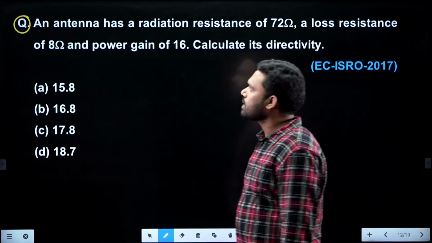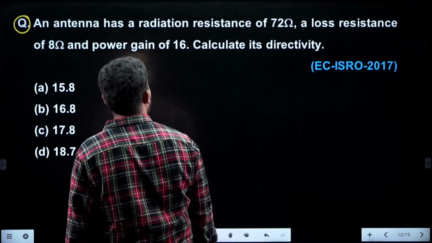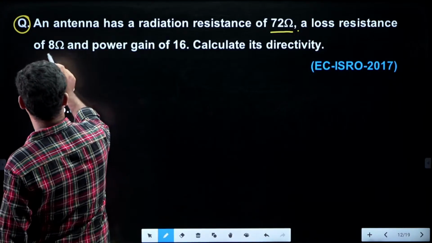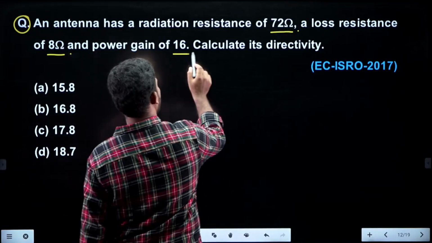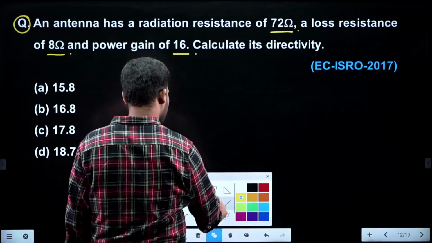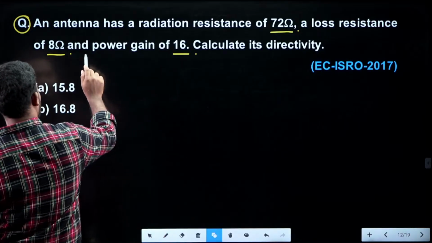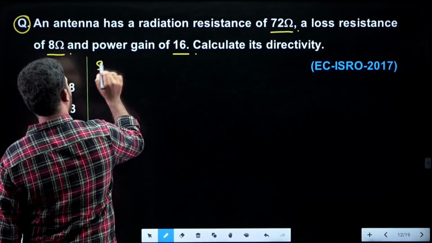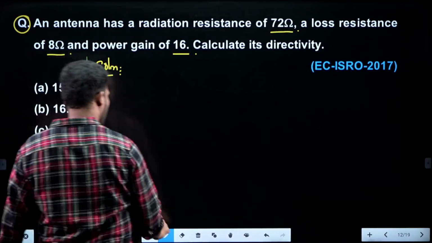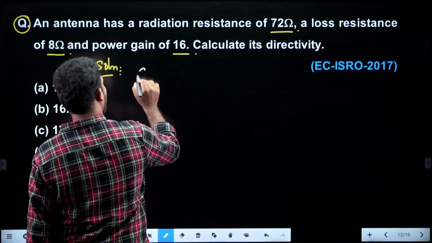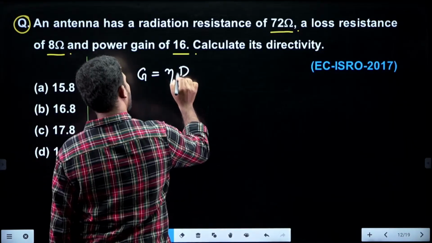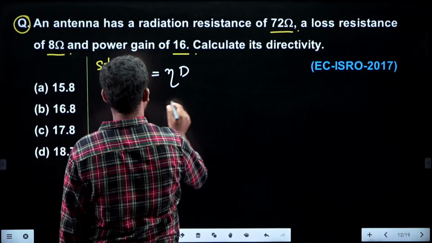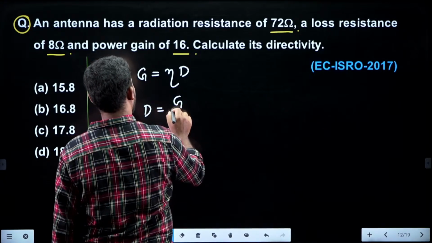Okay, fine. An antenna has a radiation resistance of 72 ohms, a loss resistance of 8 ohms, and a power gain of 16. Calculate its directivity. It's a play of formulas, nothing more than that. Power gain G is equal to efficiency times directivity. So D is equal to G by eta.